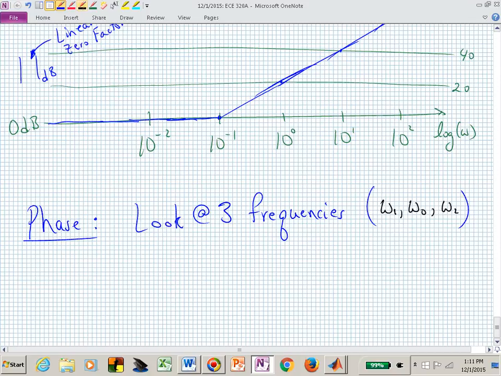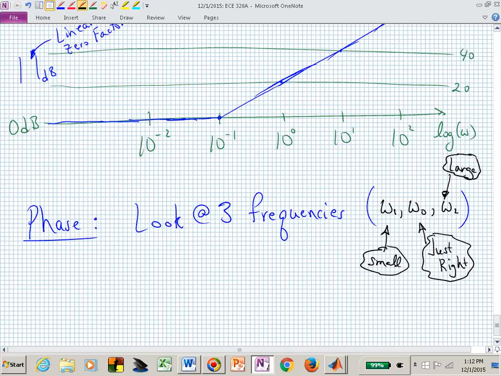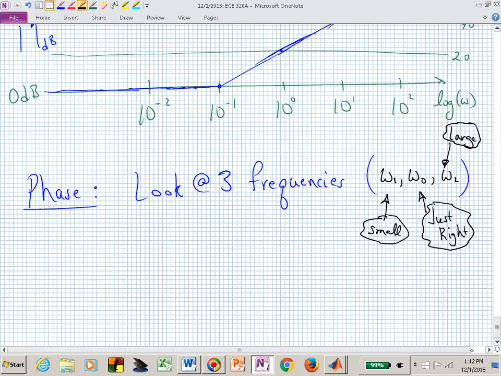This is the small number. This is the large number. And this one is just right. That's why it's got the 0. All right, there's Goldilocks. Small, just right, and large.